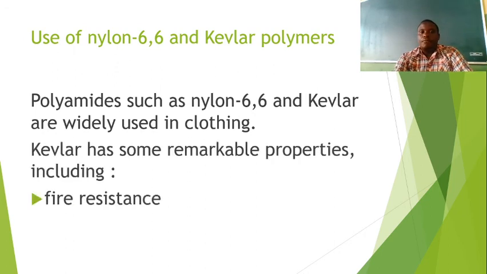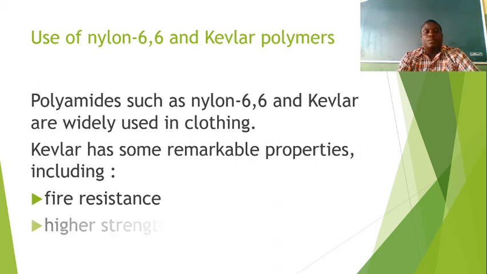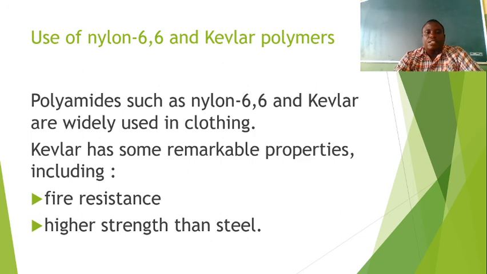Kevlar has some remarkable properties. They have their specialty for fire resistance. They are very strong. It takes high energy to break their bonds, because they are very strong. Higher strength than steel.